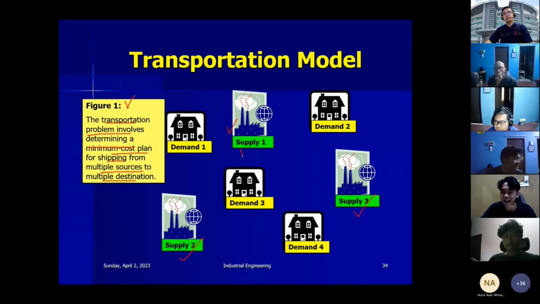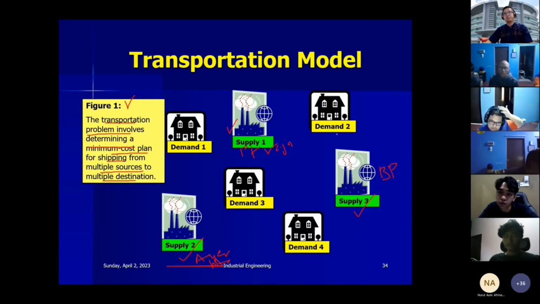Let's say supply 1 is located in Parit Raja, for example. Supply 2 is located in Air Hitam. And supply 3 is located in Batu Pahat, for example.